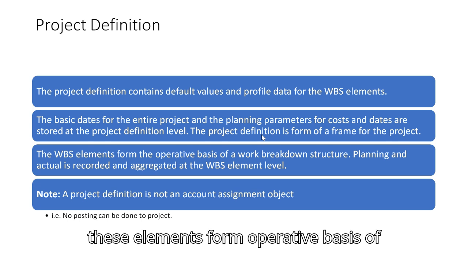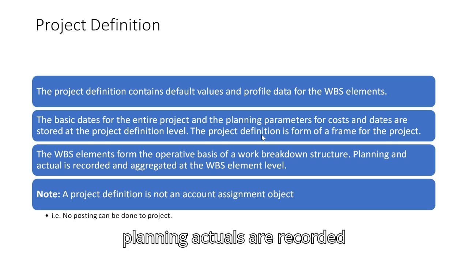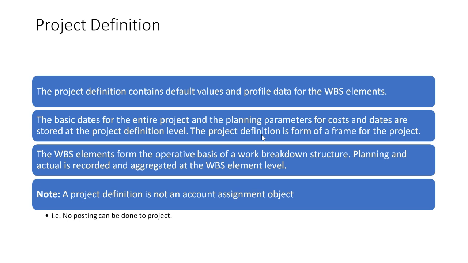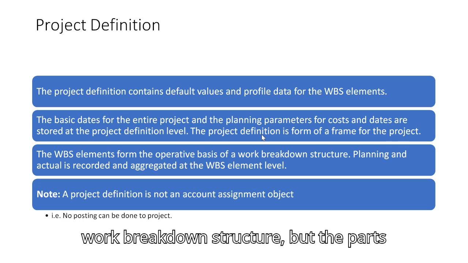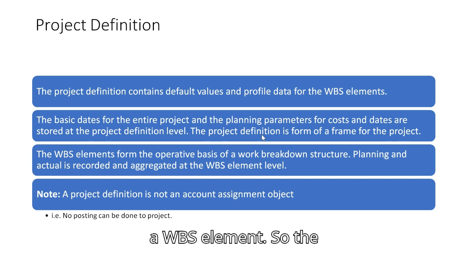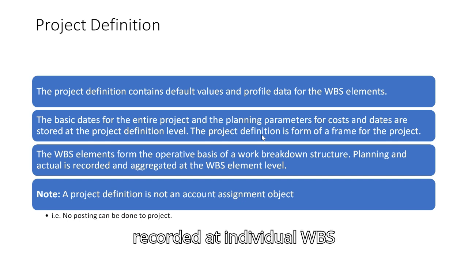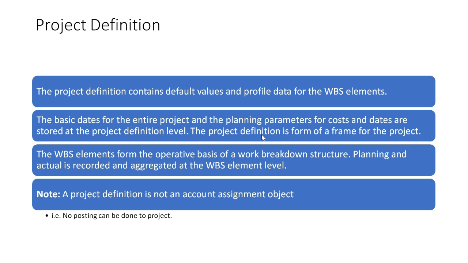These elements form the operative basis of the structure, and planning and actuals are recorded and aggregated at WBS level. The entire structure is the work breakdown structure, but the parts of it we call WBS elements. So the planning, cost and budgeting that we do are all recorded at the individual WBS element level, and they can be aggregated at the higher nodes as well.